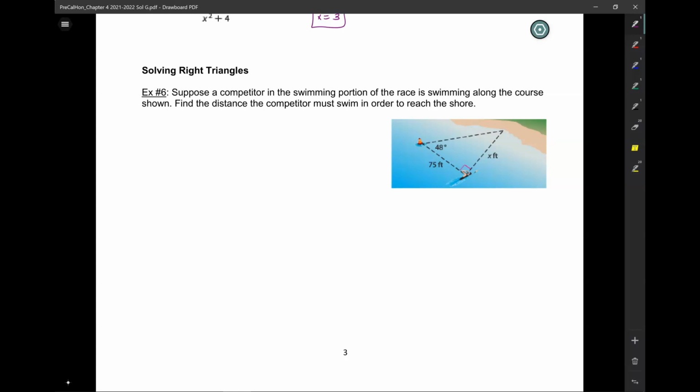So basically, we have to find X. What we're shown here is a picture, and what you want to do is isolate from that a mathematical diagram. The picture's cute, but all you need is the mathematical diagram.